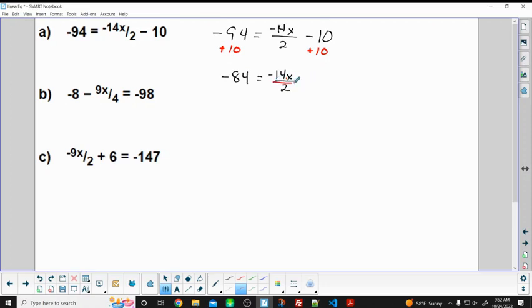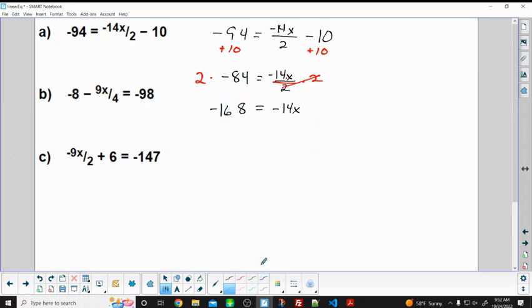So we have a division of 2. So I'm going to multiply by 2 on this side, and I'm going to multiply by 2 on that side. When I multiply by 2 on this side, that undoes that. And so on the right side, I just have negative 14x. On the left side, I've got 2 times negative 84, and that comes out to be negative 168.